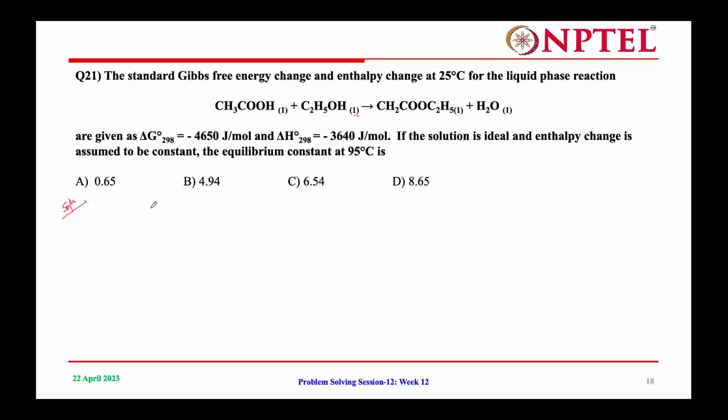So delta G is given, delta H is given, at 25 degrees Celsius. There are two relations: K is equal to exp of minus delta G by RT, and ln of K2 by K1 equals minus delta H by R times 1 by T2 minus 1 by T1, right?